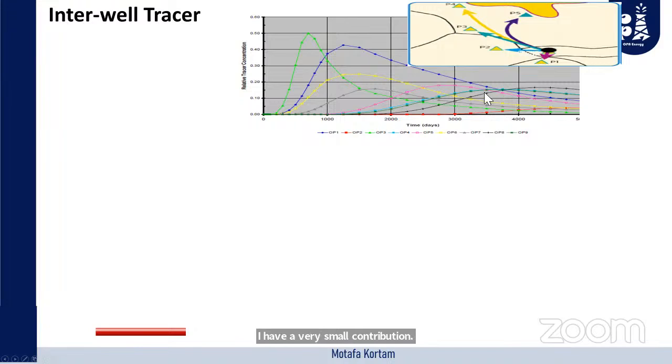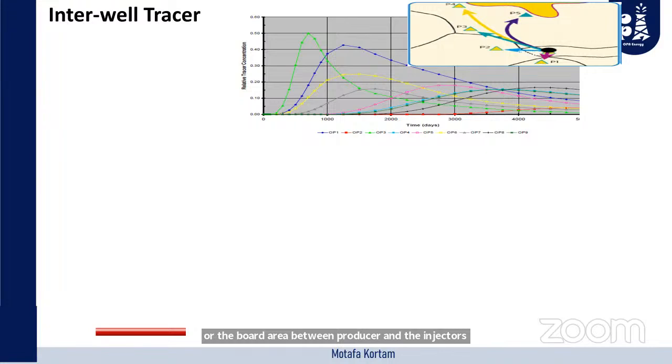Now we have another indication. You will be able to draw the structure configuration of the reservoir itself, understanding where the connectivity is, how much connection there is between wells, and how much the volume or the pore area is between producer and injectors.